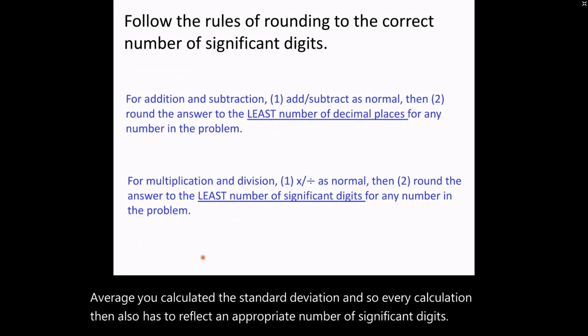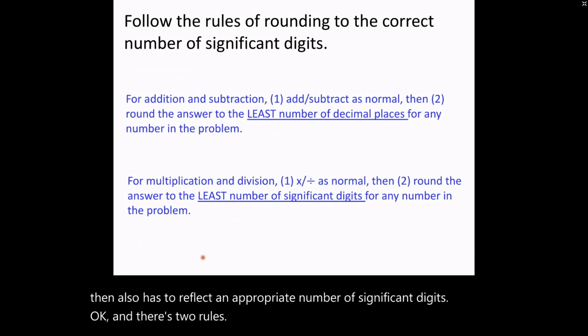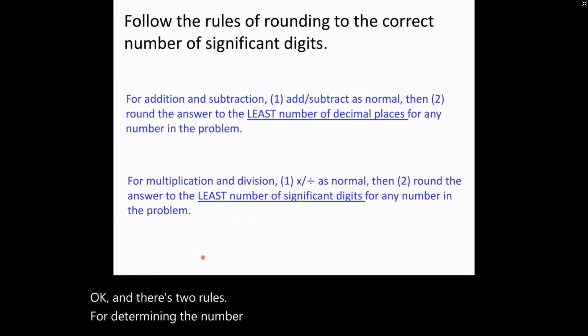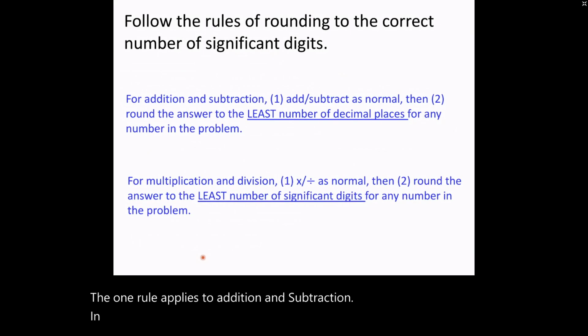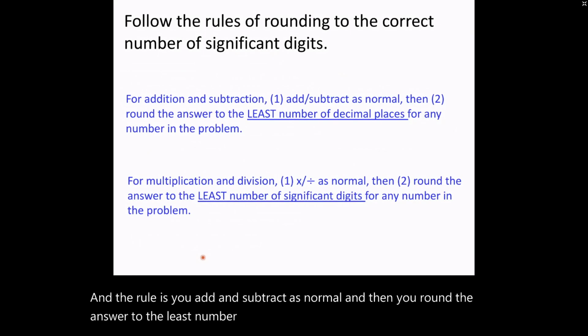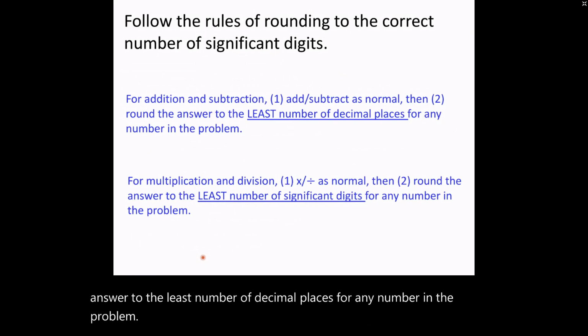There are 2 rules for determining the number of significant digits. One rule applies to addition and subtraction. The rule is you add or subtract as normal, and then you round the answer to the least number of decimal places for any number in the problem. So you look at the decimal places.